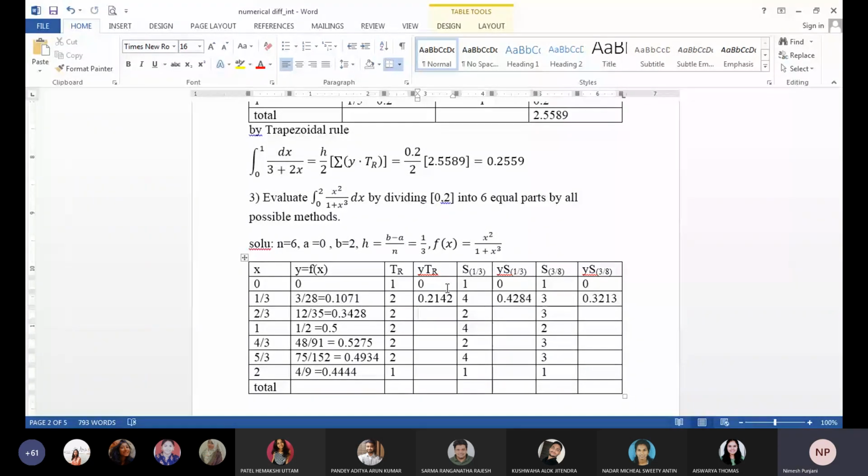Don't just copy the values which I am writing, because I am writing in a different order. You do it sequence wise.